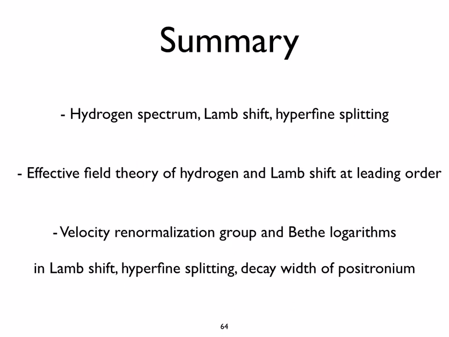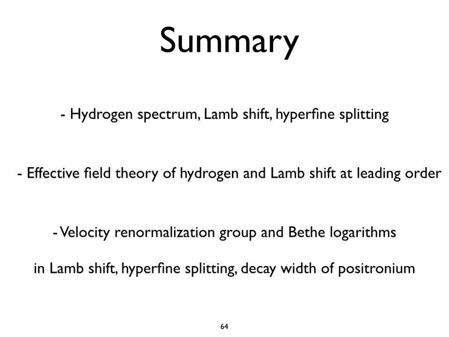So to summarize, we have studied the atomic spectrums like in the hydrogen atom, muonium and positronium, and the contribution to the Lamb shift and hyperfine splitting. In terms of the effective field theory approach, we have evaluated the leading order contribution to the Lamb shift, which is alpha to the fifth, and also we have reproduced the well-known beta logarithm that is given as a contribution of ultrasoft photons.